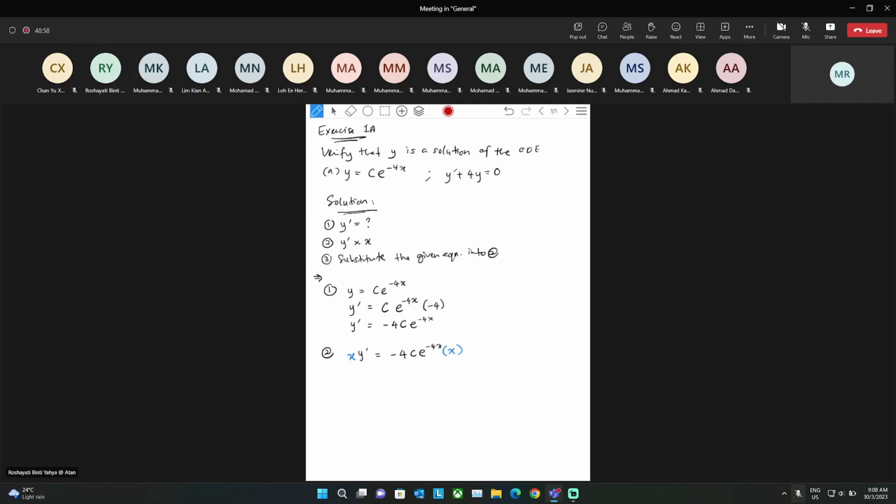Then after that, substitute. So you have xy prime equal to negative 4C exponential negative 4x times x.